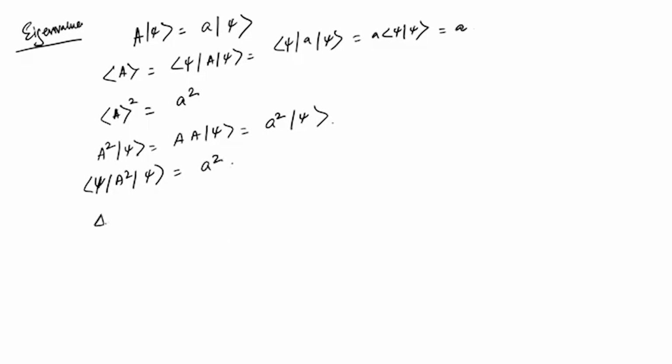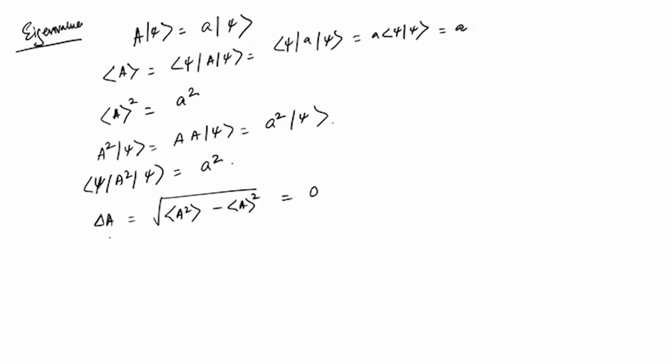So, the fluctuation in this A is now given by the square root of <A squared> minus <A> squared, and both are a squared. So, this is equal to 0.